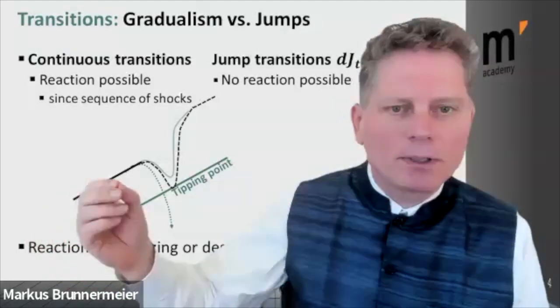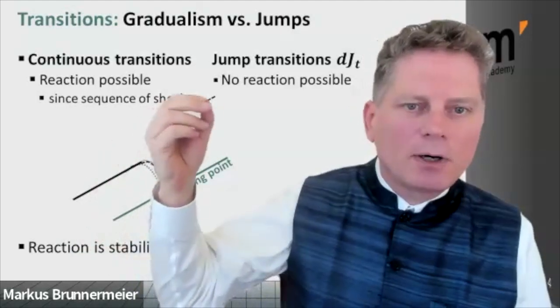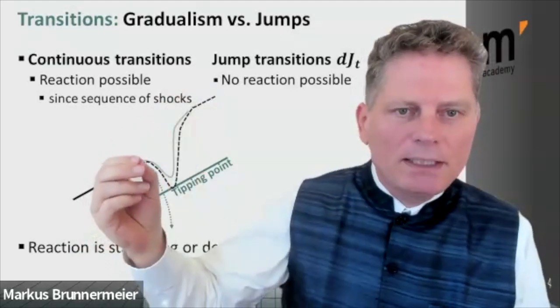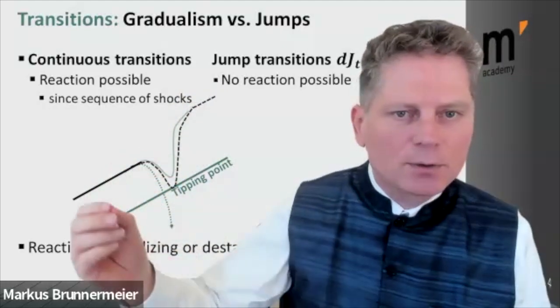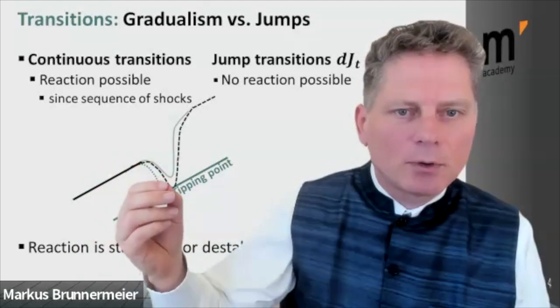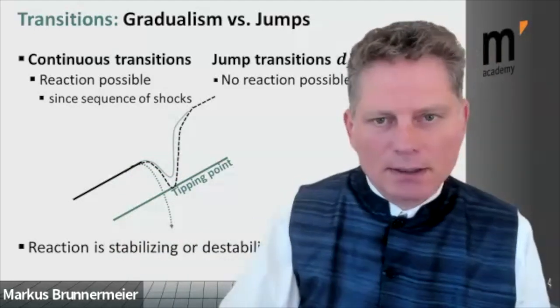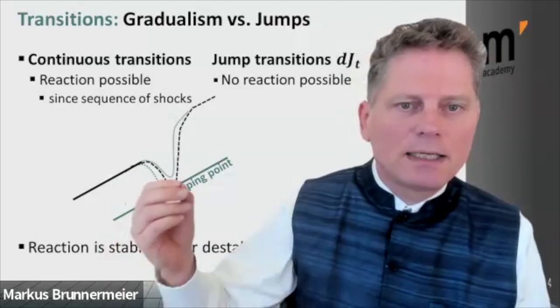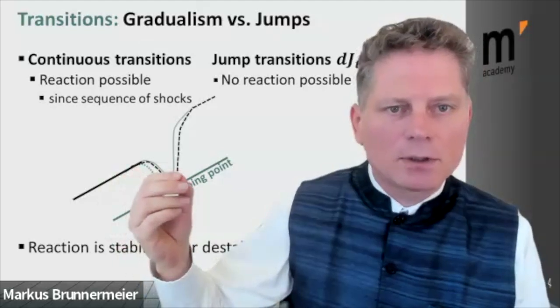So here's an example. There's a path, and in the long run, you can go to a higher path. But in the meantime, you have to go through a valley. If the reaction leads to a phenomenon that you go to this slight green thing, so that you don't hit the tipping point, then the fact that you move gradually and can react to that and stabilize the situation means it's better to have a continuous, gradual transition.